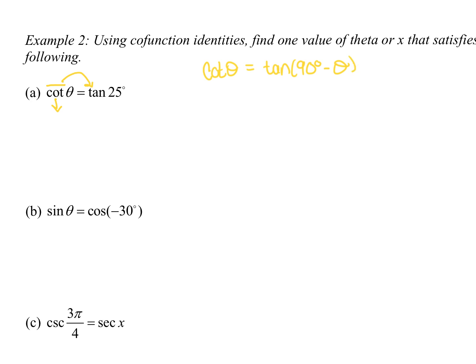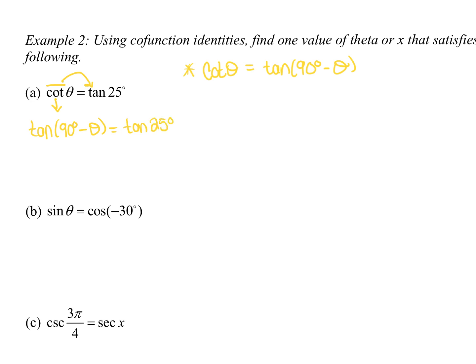And the reason I knew to use 90 degrees is because I have 25 degrees with my tangent. So if I give you degrees, use the degree version. If you're given radians, use the radian version. So I'm going to replace my cotangent with this yellow thing right here. So this is going to be tangent of 90 degrees minus theta equals tangent of 25 degrees.